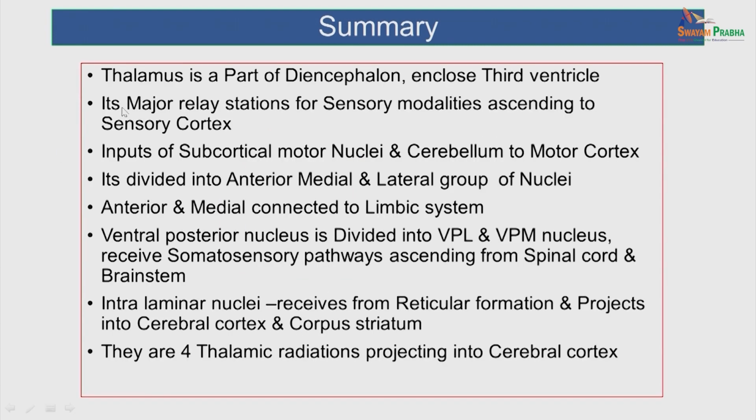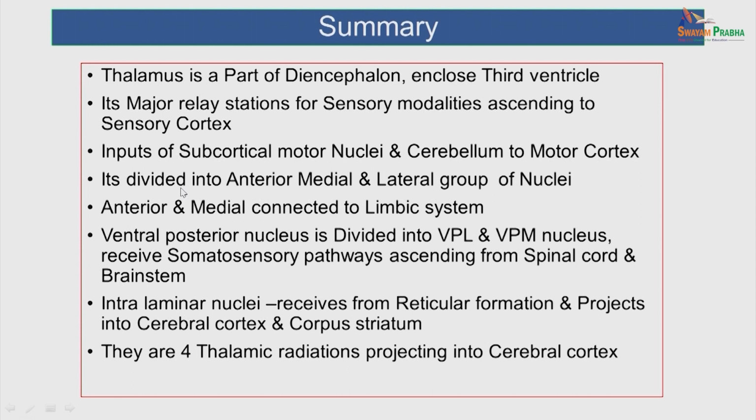So overall, it is a part of the diencephalon which encloses the third ventricle. It is a major relay station for the sensory modalities; all the ascending tracts go to the primary sensory area. It also has inputs from the subcortical motor nuclei and from the cerebellum.